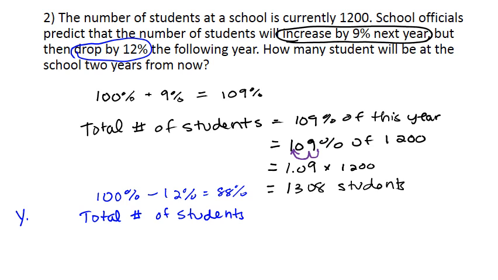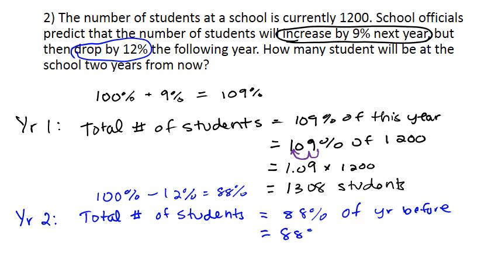This is year 2. And up here, this was year 1. Our total number of students will be equal to 88% of the year before. So again, we have 88% of our 1,308 students.